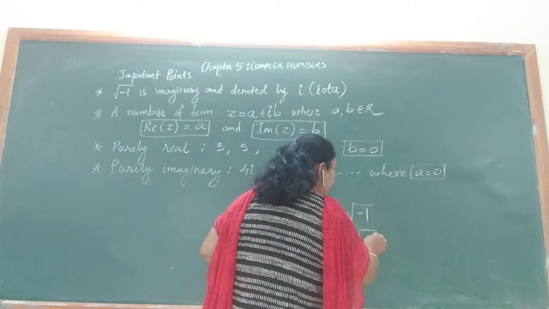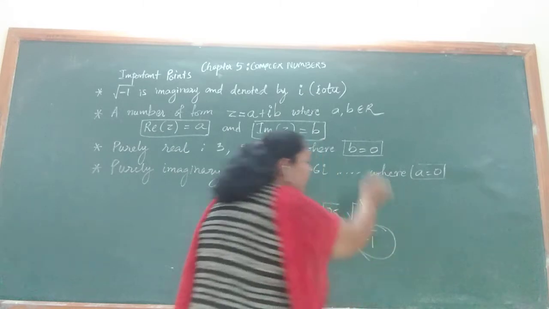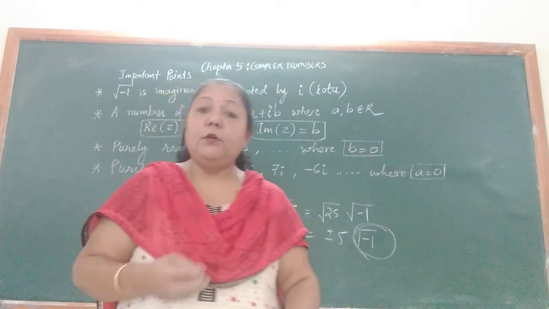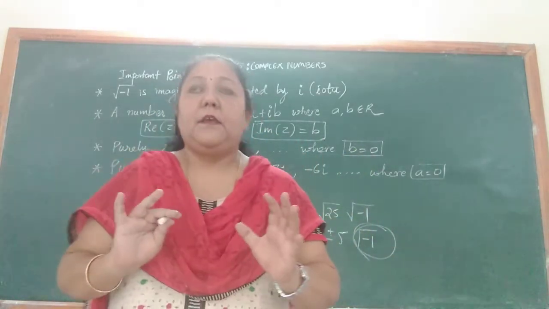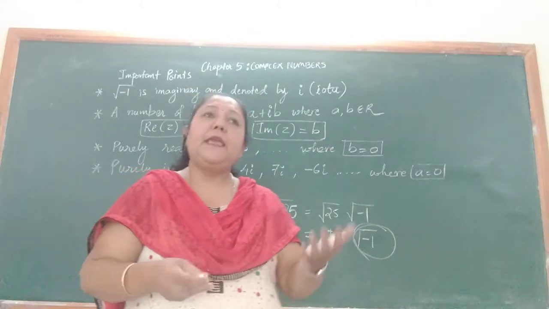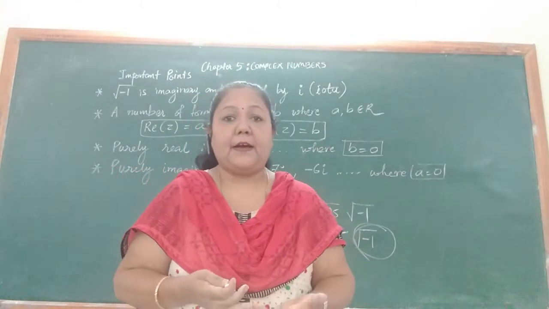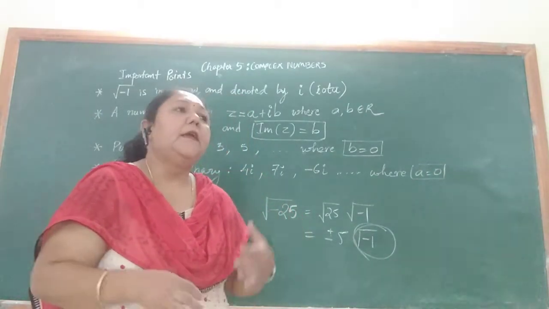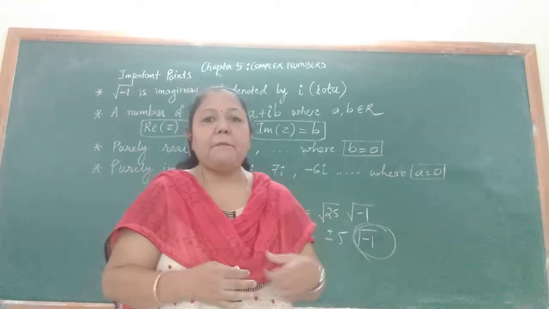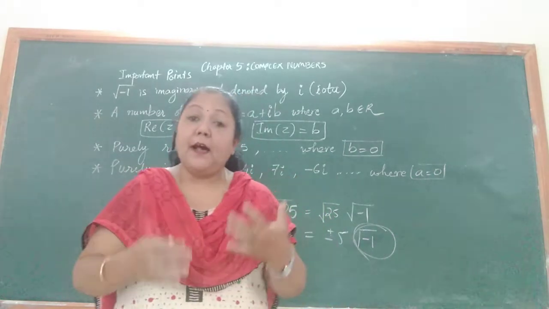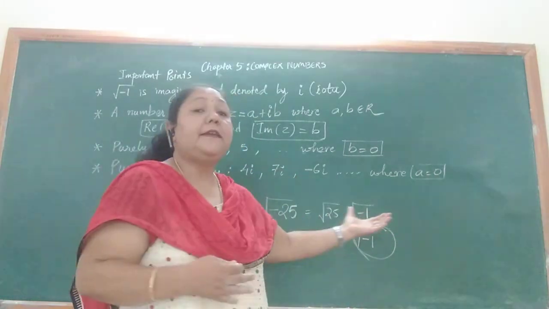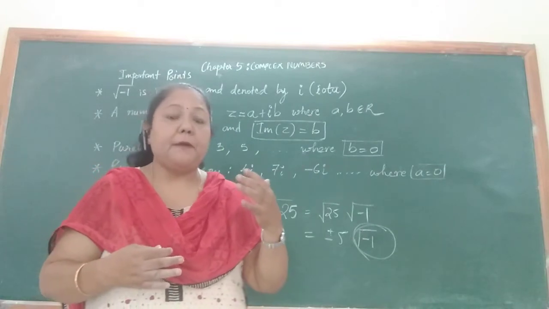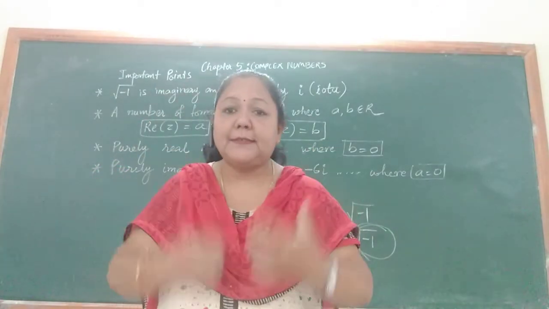But under root of minus 1, we don't know anything about this. So at times we had to stop there, saying that we can't go further, because under root of minus 1 was not simplifiable. But later on people came up with the concept that yes, even if under root of minus 1 comes, we can still continue our work.